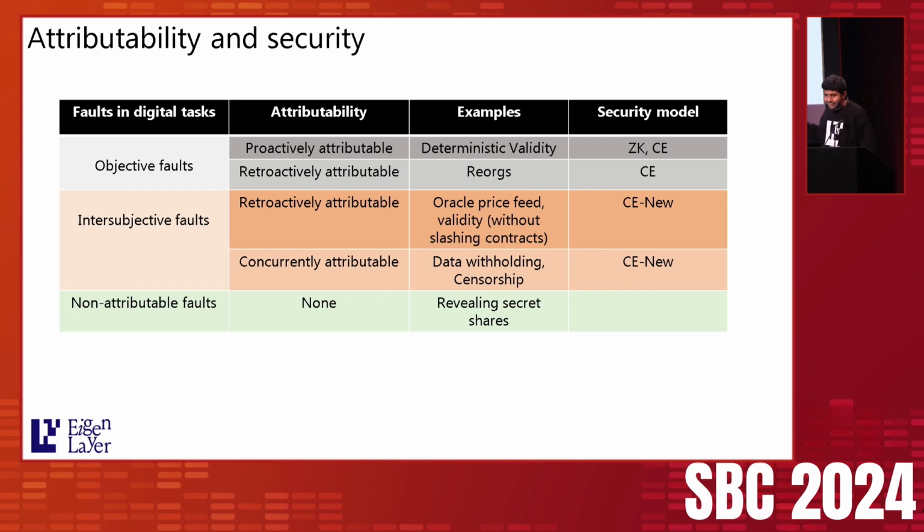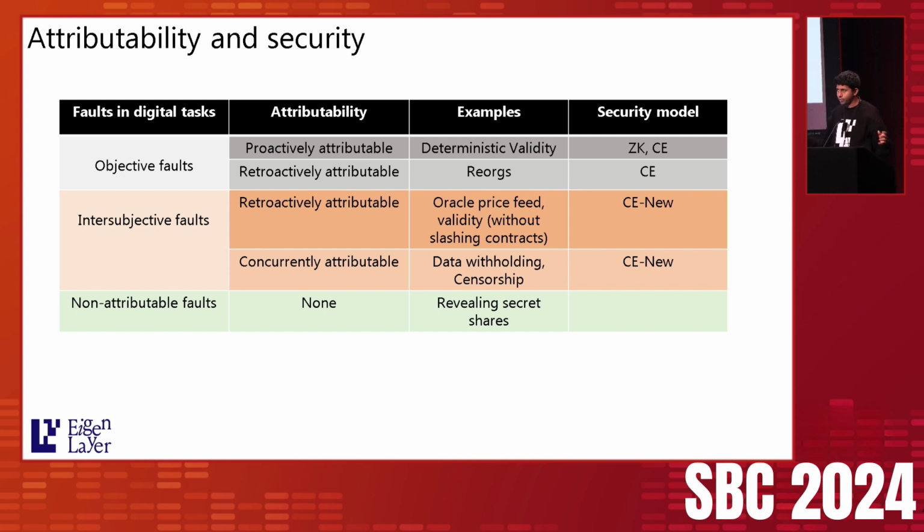So this is the topography of the various kinds of faults. There are also non-attributable faults. They're neither on-chain attributable nor off-chain attributable with high social concordance. An example would be you take a data item and then spread it into secret shares, like Shamir's secret sharing, many of us would have read. So you take the data and then split it into secret shares and send it to a network.